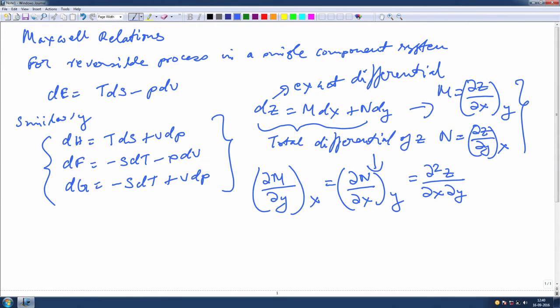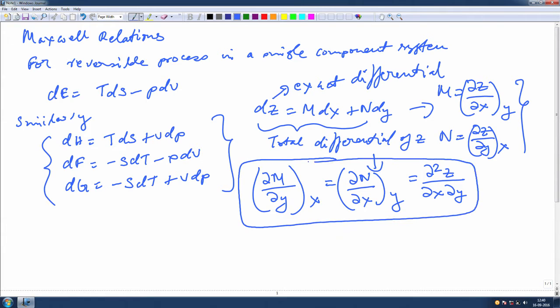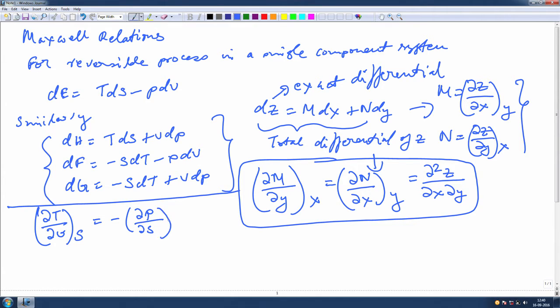Now, using this format, we can cast all the equations and derive some handy relationships, which are called the Maxwell relations, for example, equal to minus dP by dS at constant V.